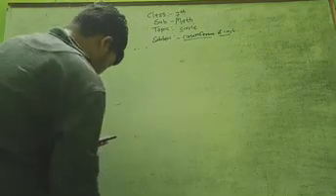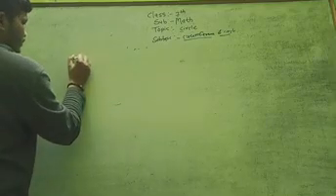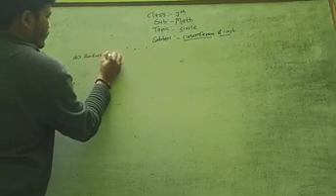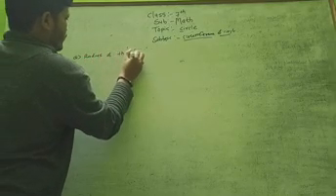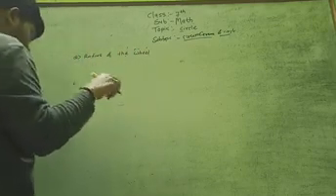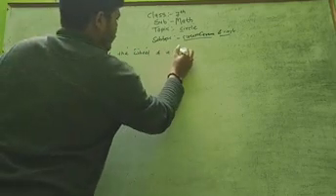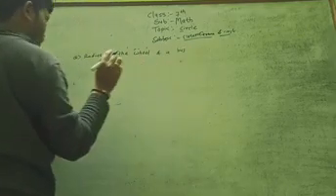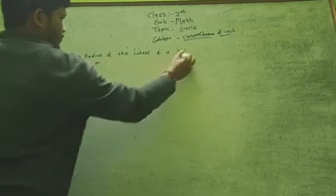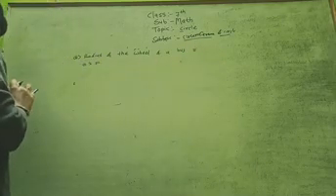So what's the next problem? The radius of the wheel of a bus is 0.7 meter.